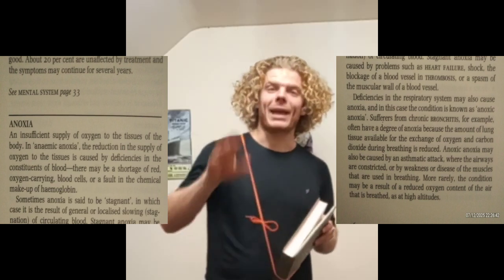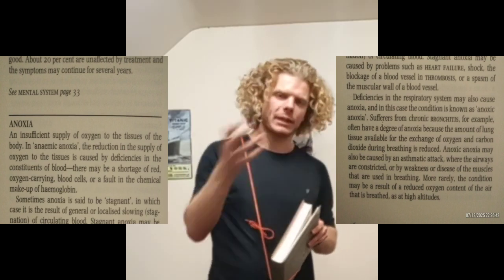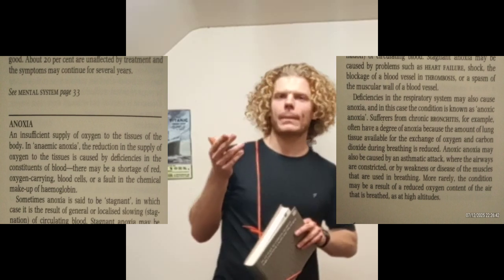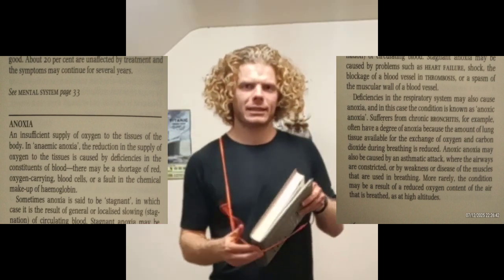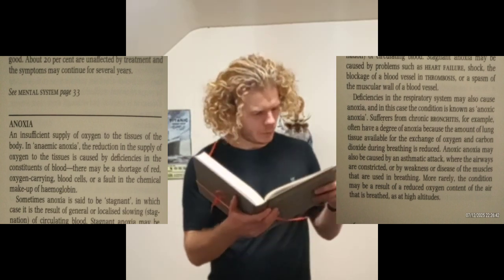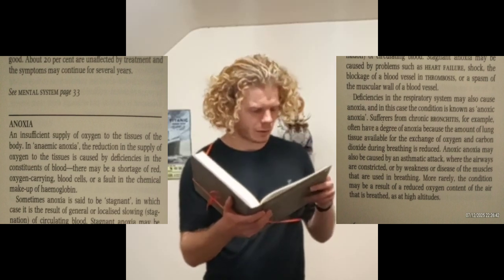Okay, we're having anemic anoxia, where hemoglobin is missing. We're having anoxic anoxia, where the oxygen is for some reason missing in the respiratory system. And the other thing was stagnant, where circulation is slowed.